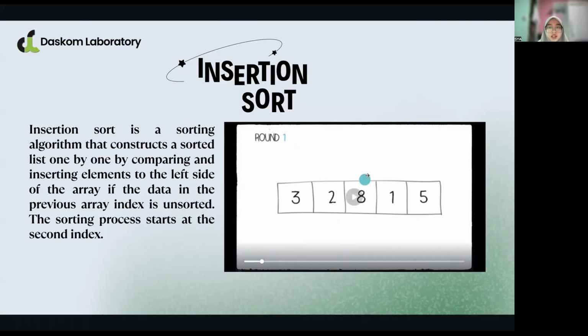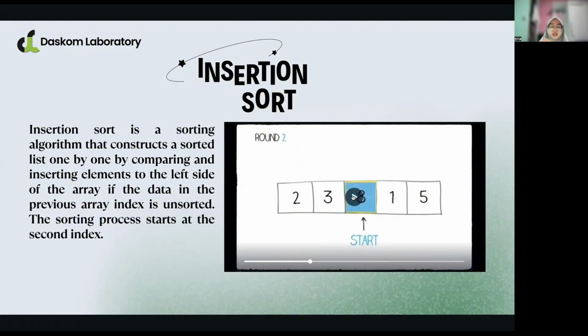Let's see here. We will take the number 2 and compare it with the number to its left. If the number we take is smaller than the number to its left, it will move to the left position, like this.